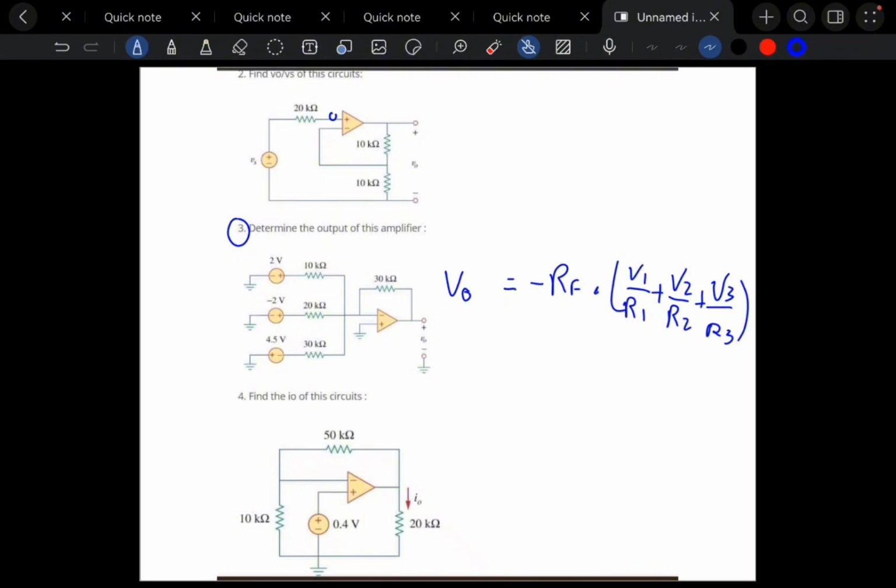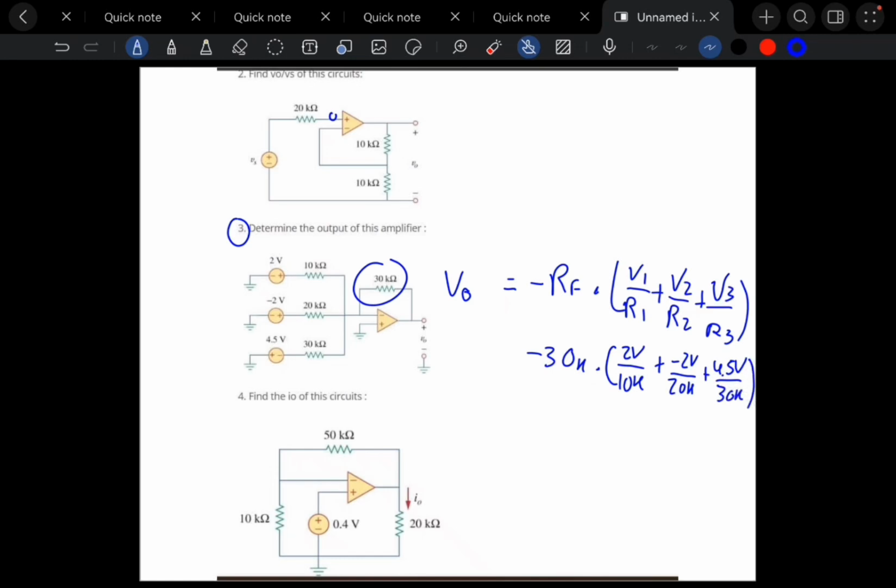So we're just gonna input the numbers, which in here is 30k. I'm sorry, I mean not this one, I mean this one. Okay, minus 30k times 2 volt... plus 4.5.